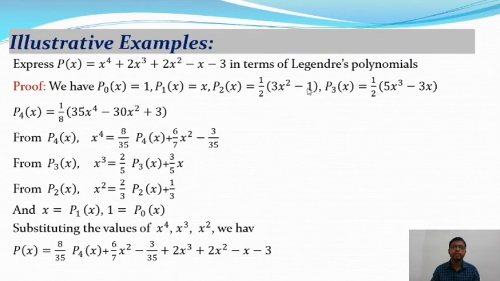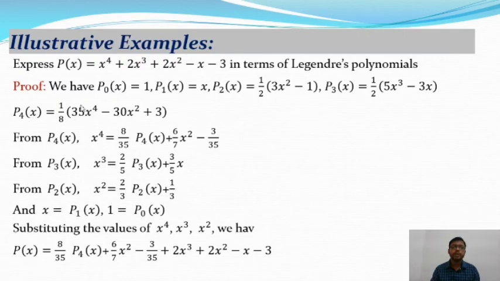We can find these terms from the Rodrigues formula or the generating function of the Legendre polynomials. P3(x) is equal to 1 by 2 into (5x cube minus 3x), and P4(x) is equal to 1 by 8 into (35x to the power 4 minus 30x square plus 3).